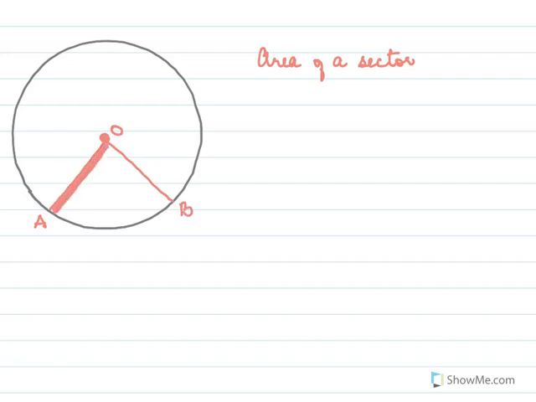This area here is called the sector. If I were to define a sector, it would be a region bounded by one radius, another radius, and, you know, an arc. Here is the arc. There's one radius here and another radius here.